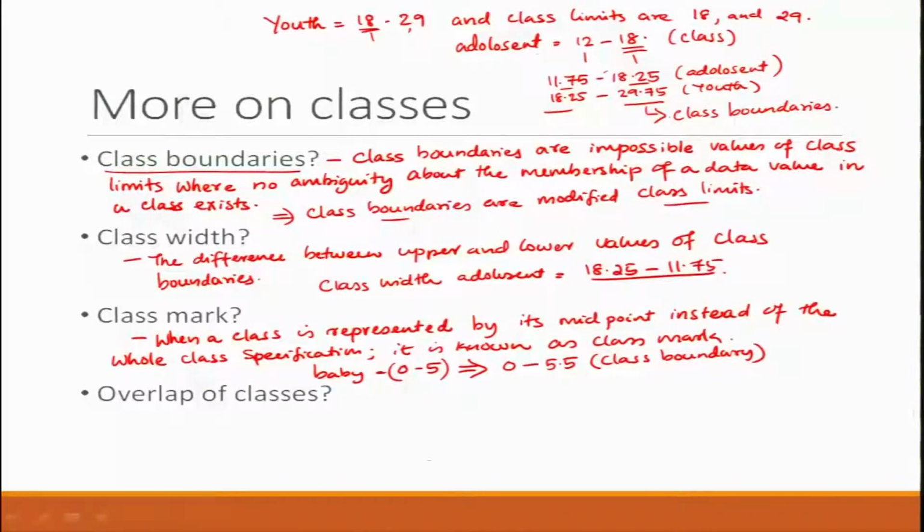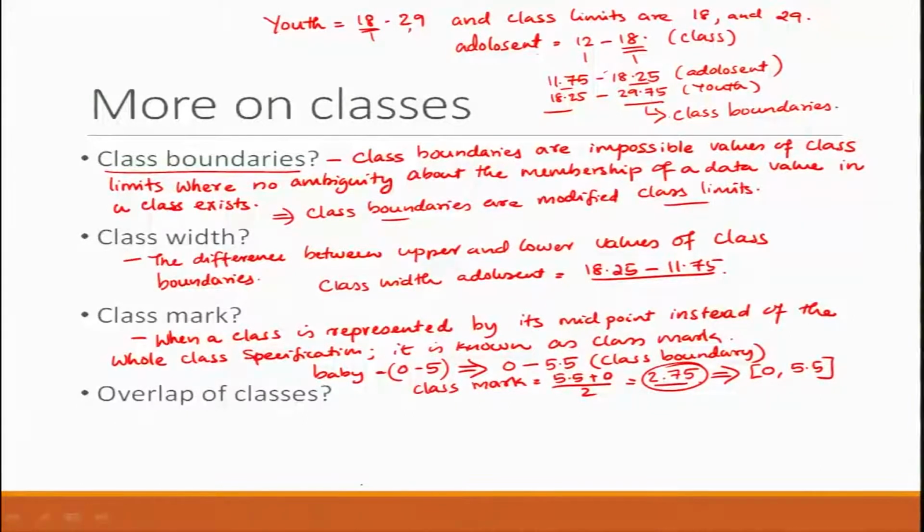So, the class mark will then be the midpoint, which is class mark equal to (5.5 plus 0) divided by 2, that is 2.75. If you are drawing a diagram, you can just use 2.75 instead of the 0 to 5.5. So, the 2.75 represents this particular class.